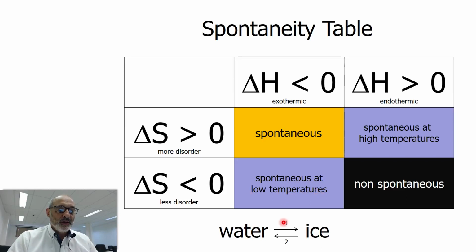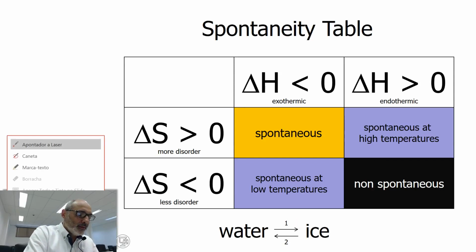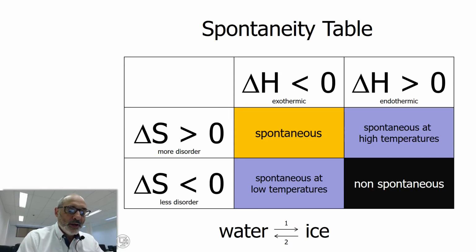So the sense indicated here by 1, let me write it here for you, 1, is spontaneous at low temperature because water becomes ice at low temperature. Spontaneous. You don't have to do anything.